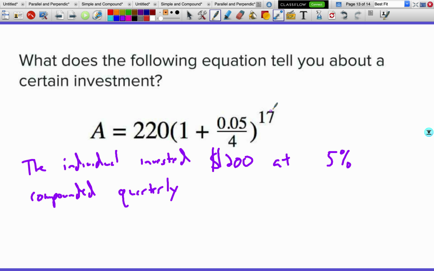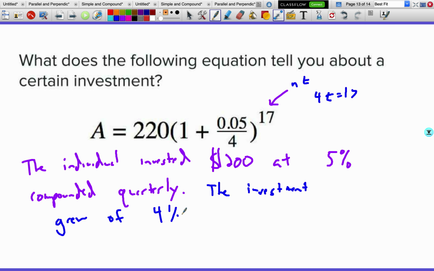What about the 17? Does that mean they left it in there for 17 years? Not quite. Remember, this is n times t. And we already know n is 4, so it's 4 times t equals 17. Divide both sides by 4, and we get that the investment grew for 4 1/4 years.